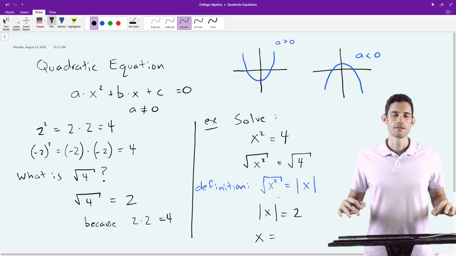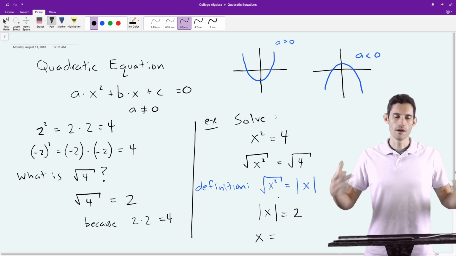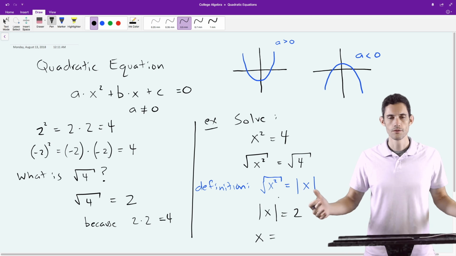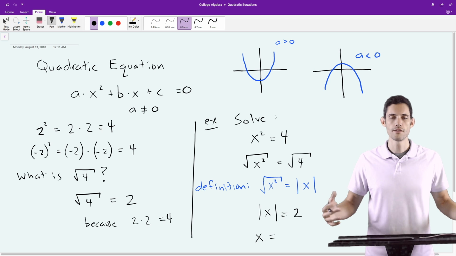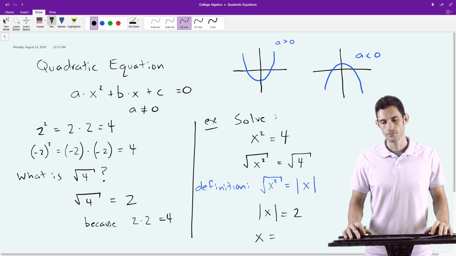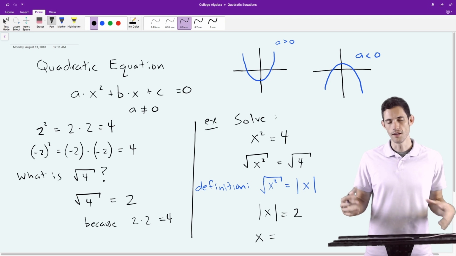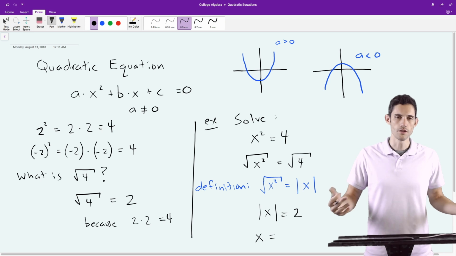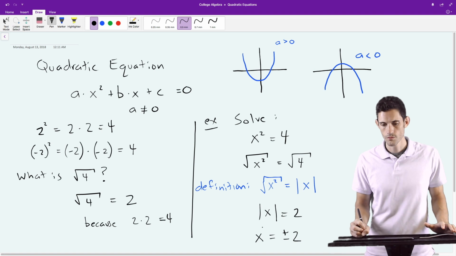What it means is whatever x is, once you make it positive, you get 2. So I think, which numbers can I make positive to get 2? So the answers are 2, it's already positive, and negative 2. If you make it positive, you get 2. So the answer here is x equals plus or minus 2.